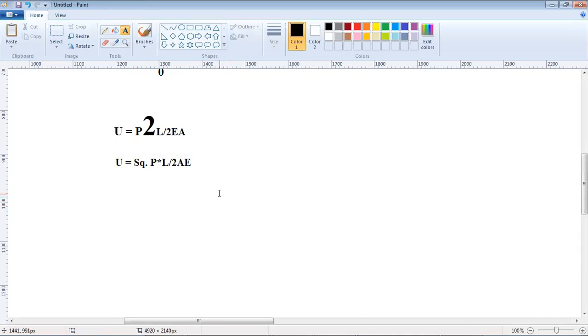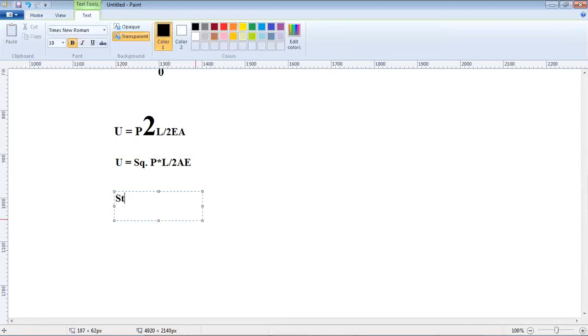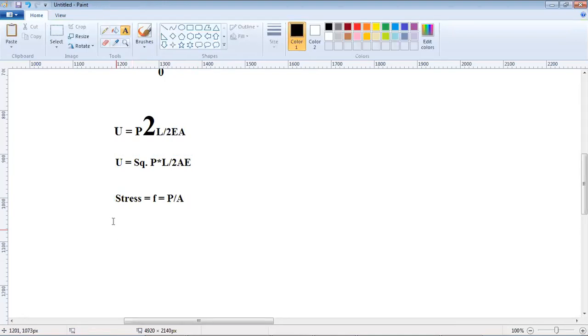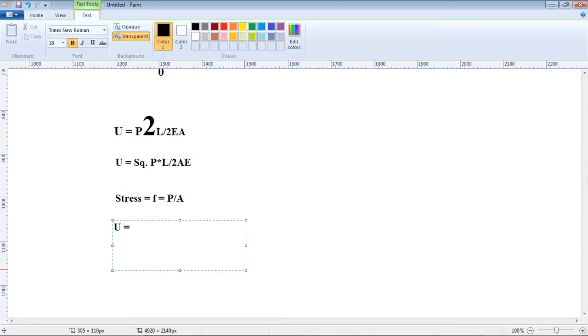Now, what is P by A? It's stress. Stress F is P by A. So then you have the value of U equal to square of F divided by 2E into AL.